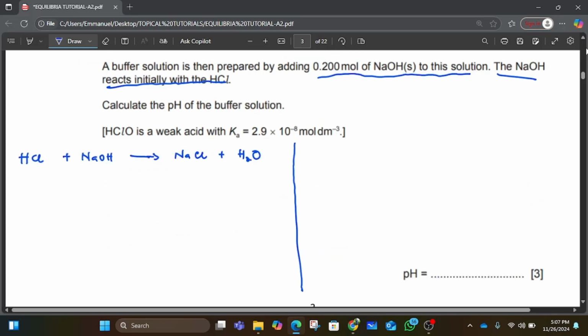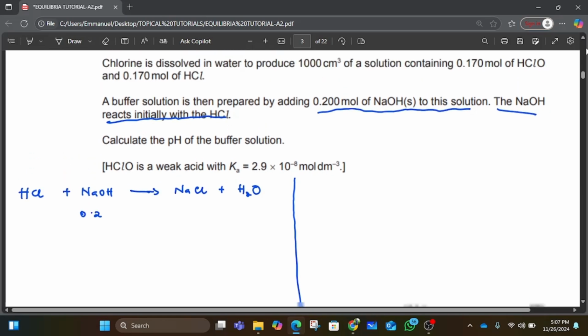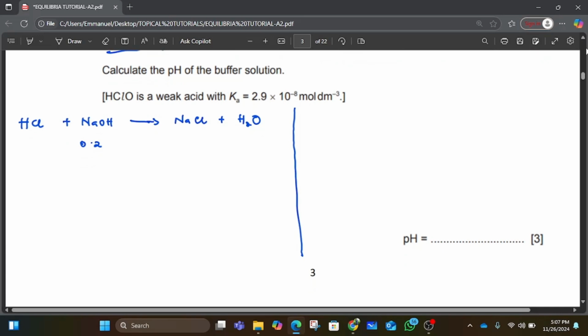So we saw that in this question, when they first added the sodium hydroxide, they said it first reacted with HCl. So we first of all have to write an equation between HCl and sodium hydroxide, and that will give you sodium chloride plus water. The amount of the sodium hydroxide added in this case is 0.2 mole, and that of the HCl is 0.17.